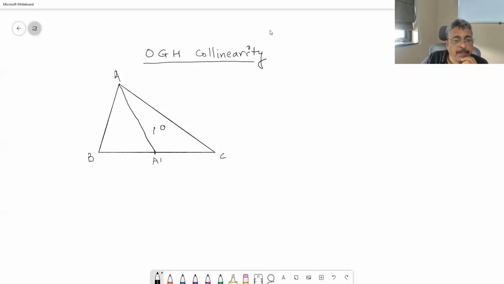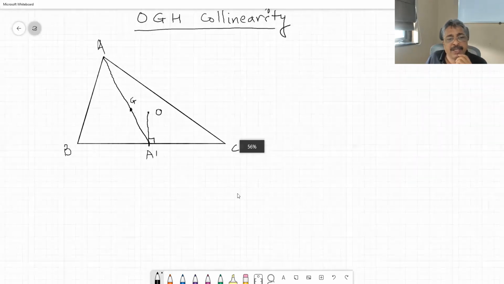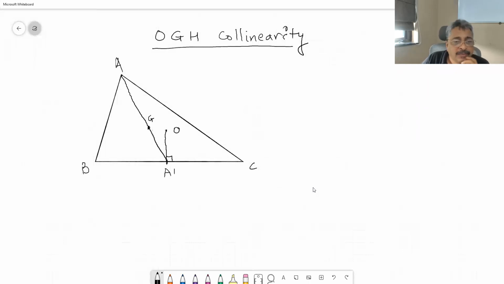From O, if we draw a perpendicular on BC, it will be the midpoint of BC. There is a G somewhere here. We know G divides AA' in the ratio 2x to x.